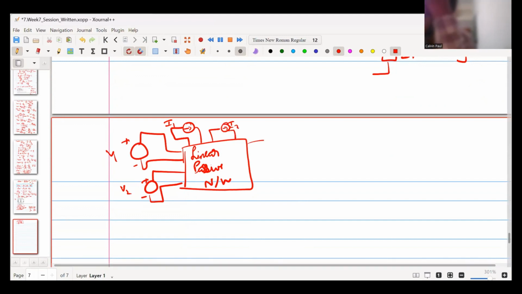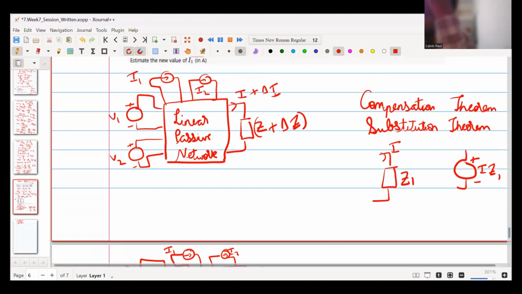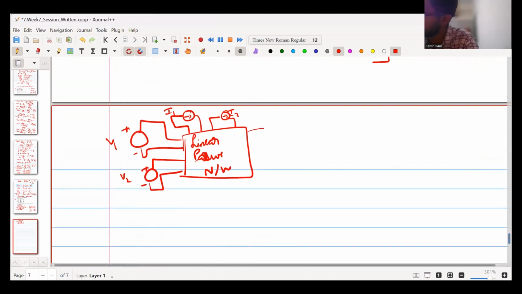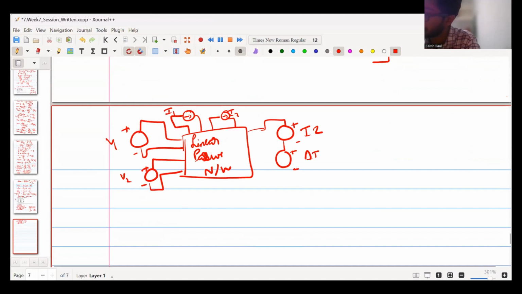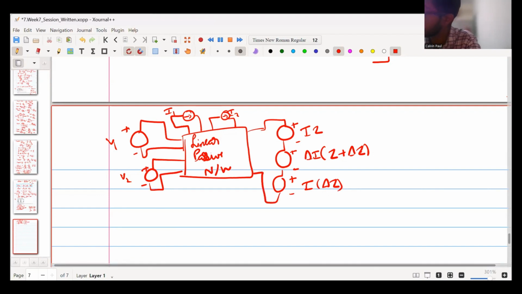We replace this I plus delta I and Z plus delta Z by plus or minus IZ, plus or minus delta I into Z plus delta Z, plus or minus I delta Z. Is this clear?